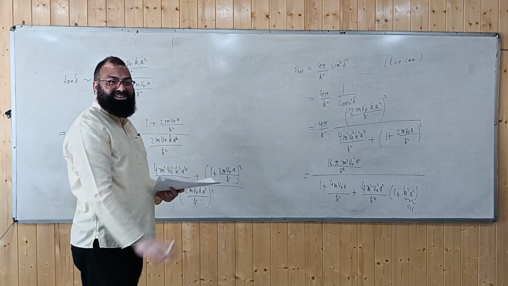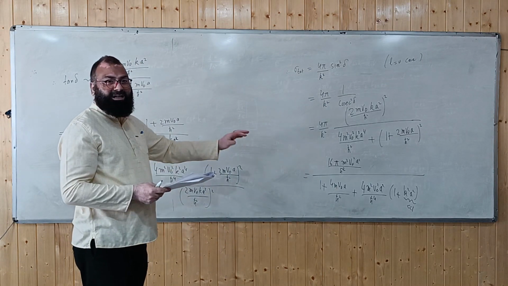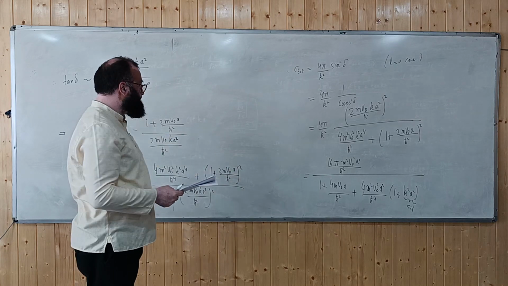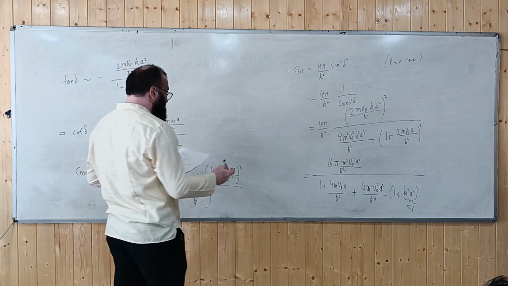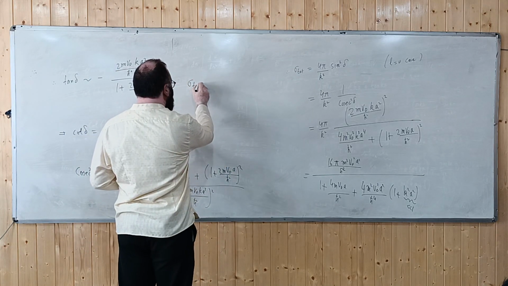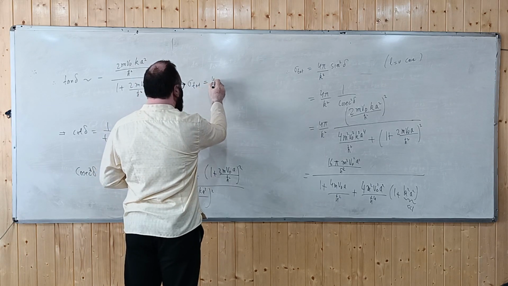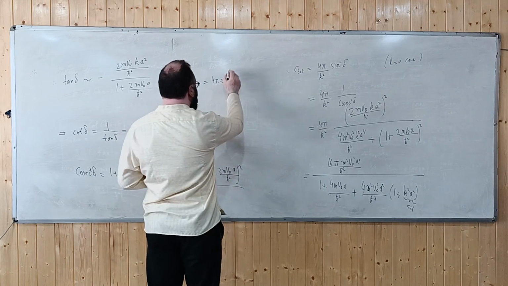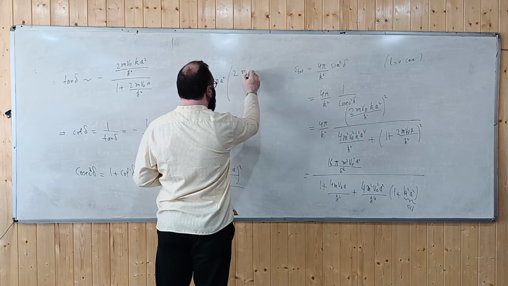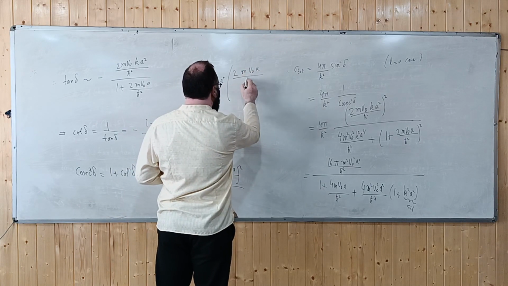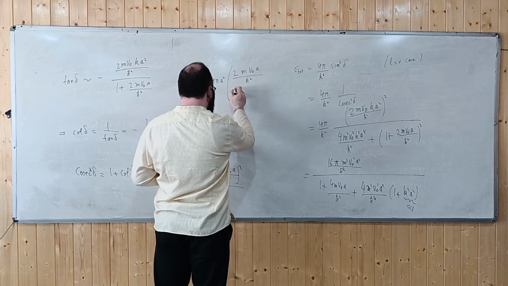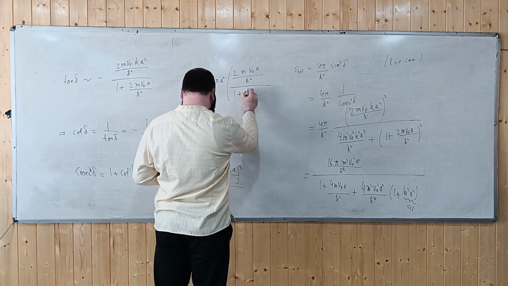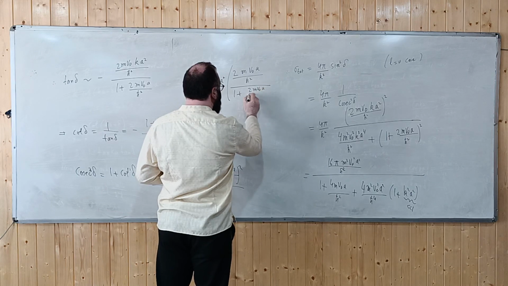Samajh aa? Look, why I am putting it in the simple form. Okay, so you can simply write it. Sigma total is equal to 4 pi a square, so let me write it in this way, twice m v naught a by h cross square, divided by 1 plus twice m v naught a by h cross square.